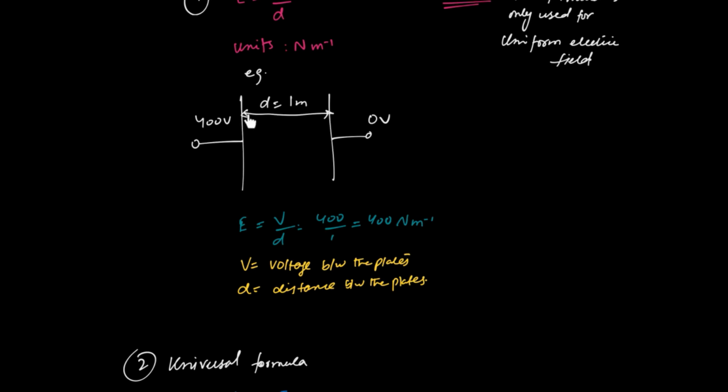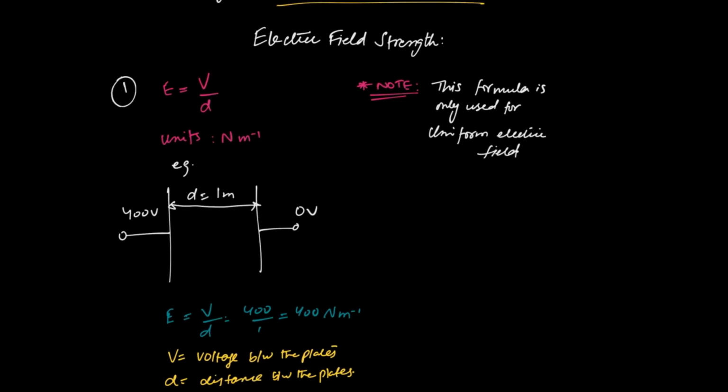The potential difference, the voltage, divided by the distance between the plates gives us the electric field strength of the uniform electric field. This formula is only valid in case of a uniform electric field.